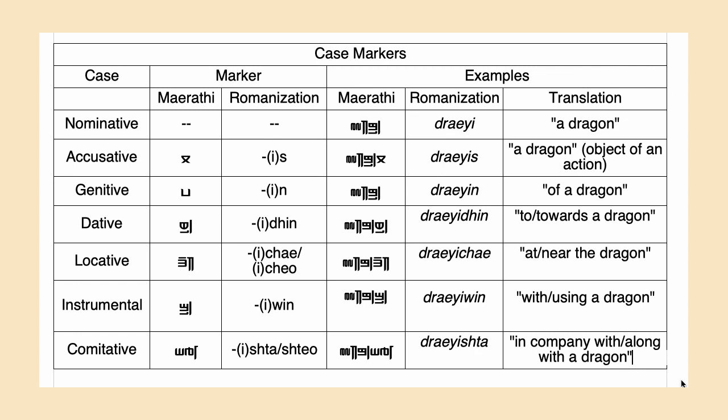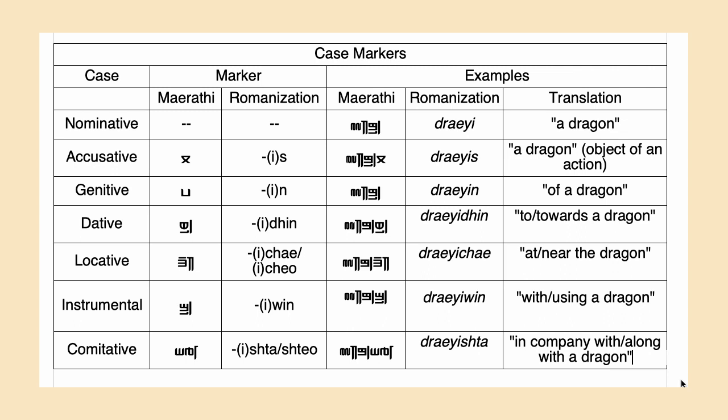So, top of the chart on the right-hand side there, we have drei, a dragon. When you're talking about the dragon as an object of an action, it would be dreis. If you want to say of a dragon, it would be drein. If you want to say to or towards a dragon, it would be dreidin.